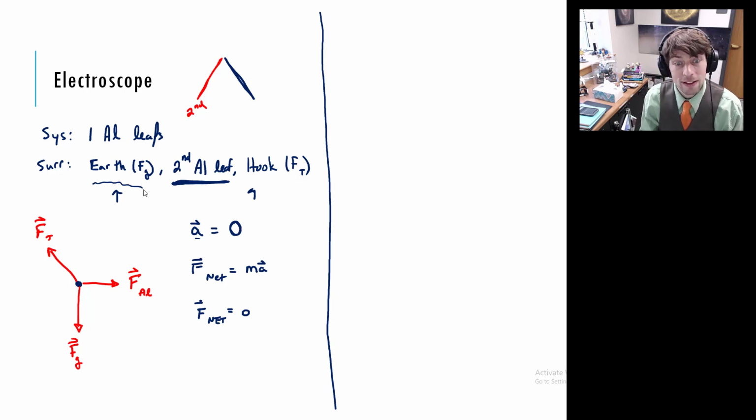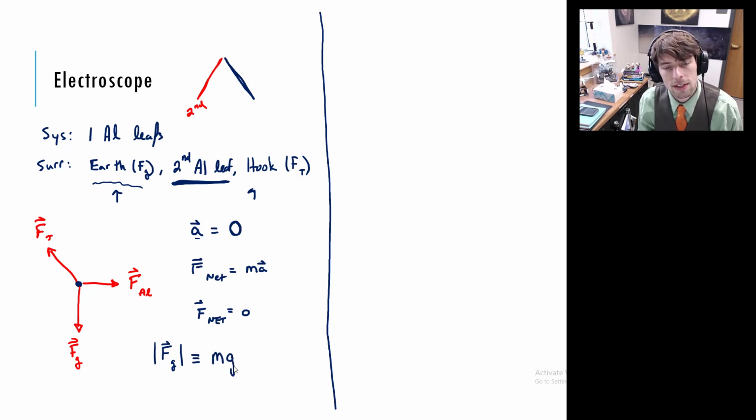Yeah, good. Don't forget the gravitational force, right? The definition of the gravitational force, and I'll put it as a magnitude right now, is defined as the mass of the object times the acceleration due to gravity close to the surface of the Earth.